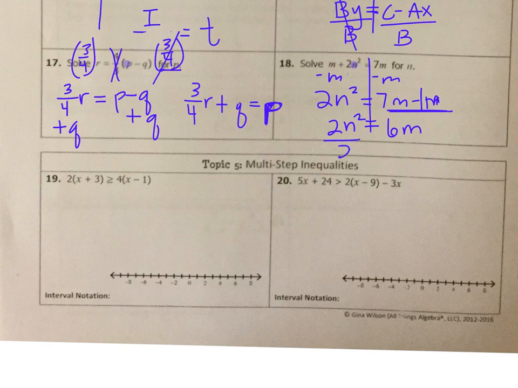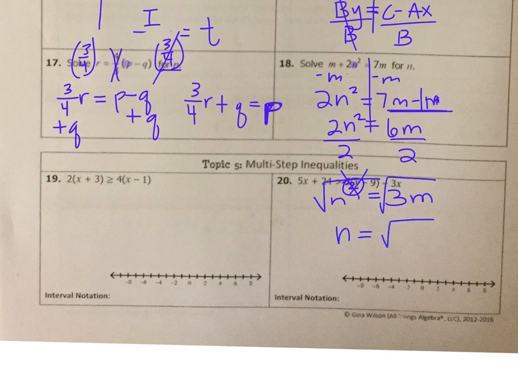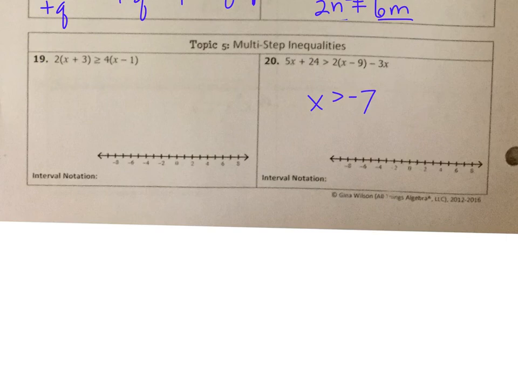Now I divide by 2. n squared equals 3m. Okay, and does anybody remember how we get rid of the squared? We square root it. So n equals the square root of 3m, and that answer is uglier than the problem we started with.